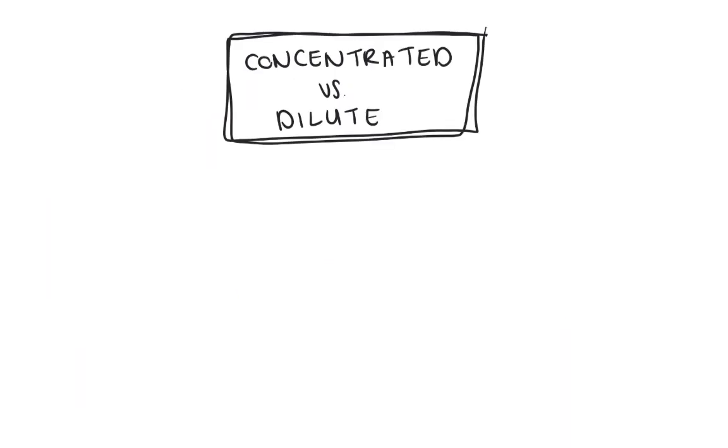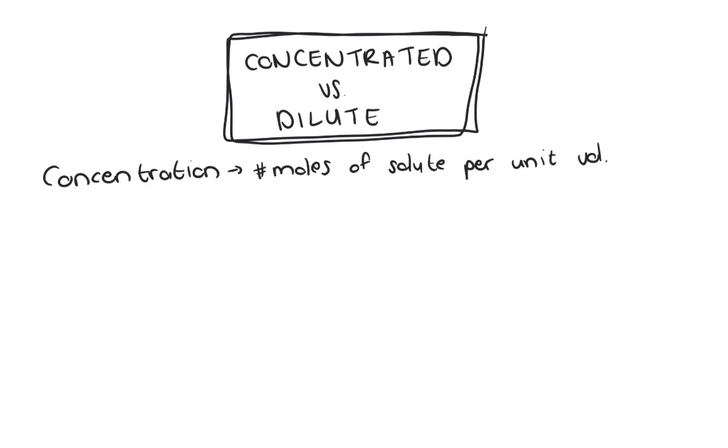And that brings us to concentrated versus dilute acids and bases. So it's very important that you don't mix up strong and weak and concentrated and diluted. So the concentration, remember, is the number of moles of solute per unit volume of solution. So a concentrated acid is an acid with a large amount of solute, the acid, dissolved in a small volume of solvent, which is your water. Whereas a dilute acid or base is an acid or base with a small amount of solute dissolved in a large volume of solvent.